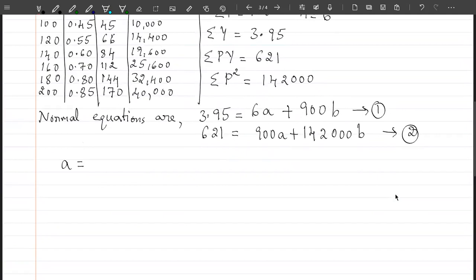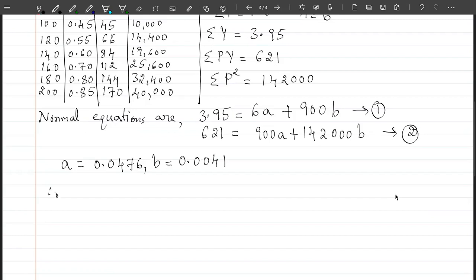A is 0.0476 and the value of B is 0.0041. So after finding the values of A and B, we get the required equation of the straight line of best fit.